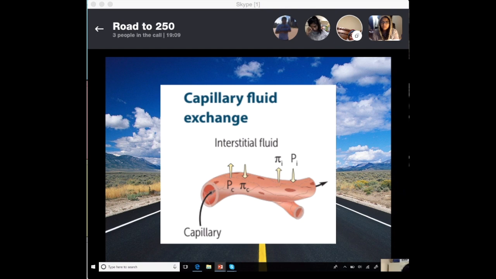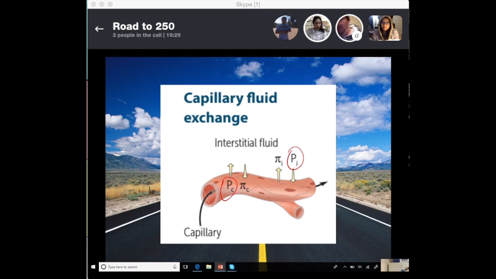So the 4 players that we have here are the pressures. Represented by the capital P's are the hydrostatic pressures.